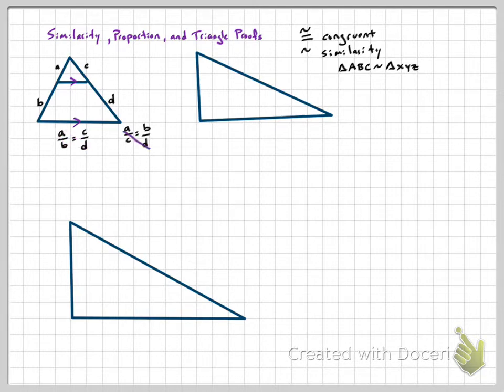A is still getting multiplied by D, and B is still getting multiplied by C. So the way that I usually do that is I go top over bottom equals top over bottom, or you do left over right equals left over right.